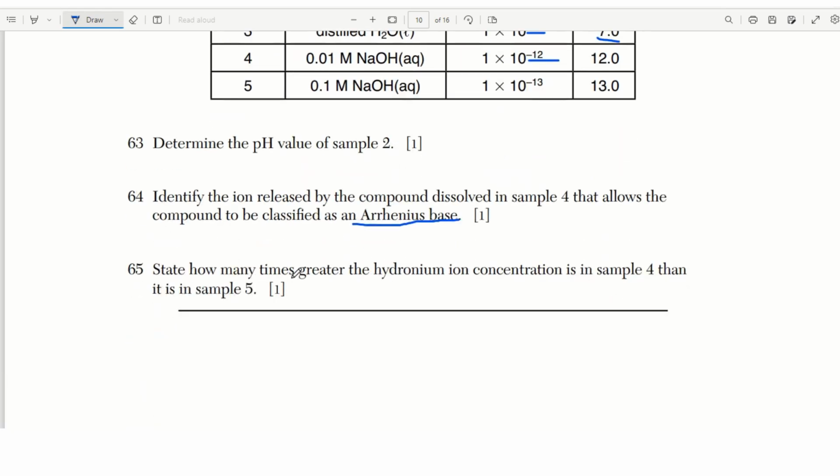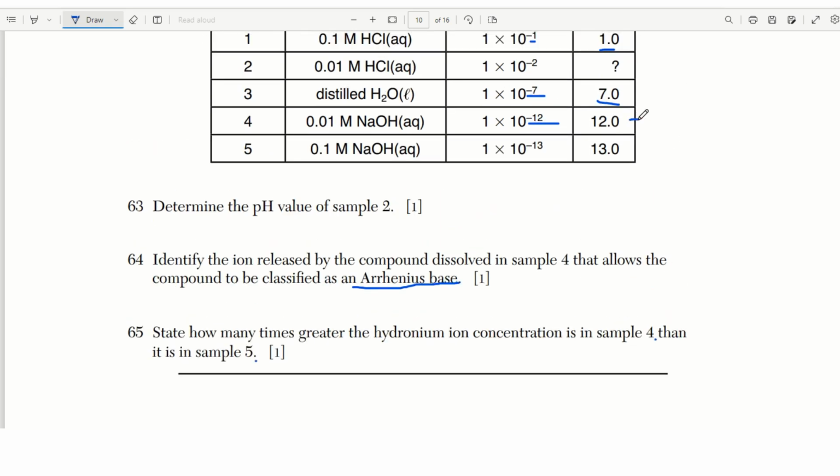And then state how many times greater the hydronium ion concentration is in sample 4 than in sample 5. Well, from sample 4 to sample 5, the pH went up by 1, and every space on the pH number line, when you move one space, it changes times 10.